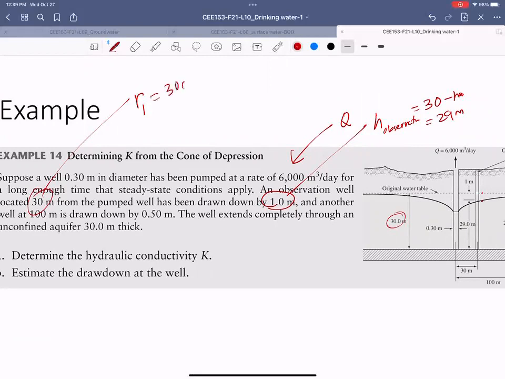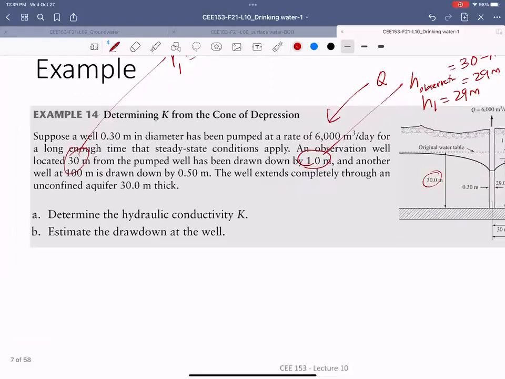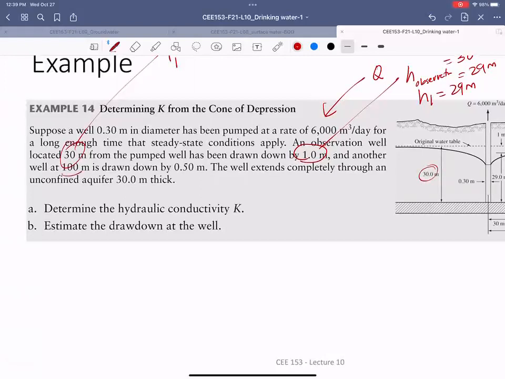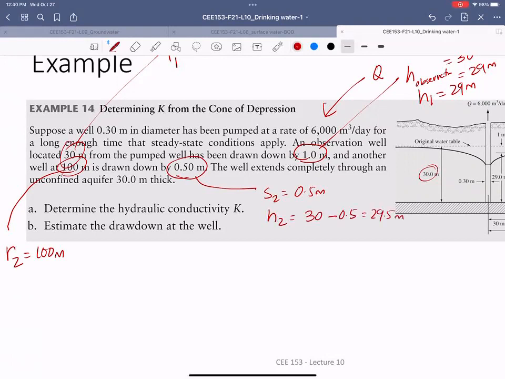R1 is 30 meters. H1 is 29 meters. It depends which one you call 1 versus 2. It doesn't really matter as long as you follow it consistently, you'll have the answer. The second well is at 100 meters from the pumping well, so R2 is 100 meters. The drawdown S2 is 0.5 meter. That means H2 is the initial head minus 0.5, so that's 29.5 meters. So R2 and H2 are given.